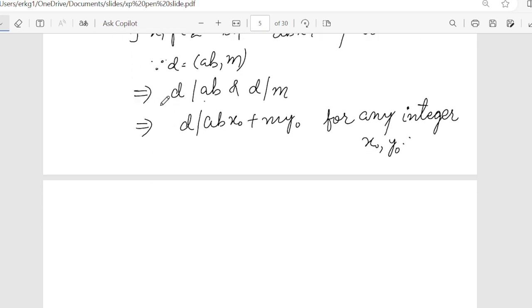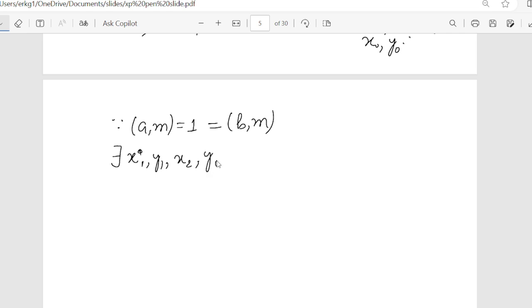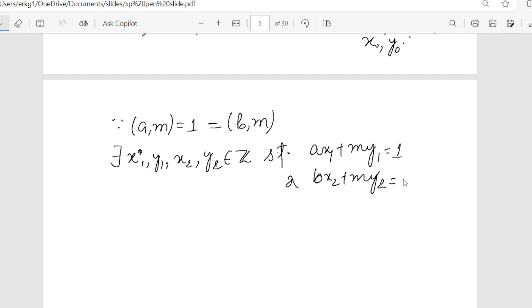Since it is given that GCD of a and m is equal to 1, which is equal to GCD of b and m, by definition there exist x1, y1, x2, y2 belonging to the set of integers such that, by theorem 1.3, ax1 plus my1 is equal to 1 and bx2 plus my2 is also 1.